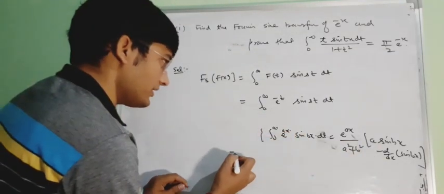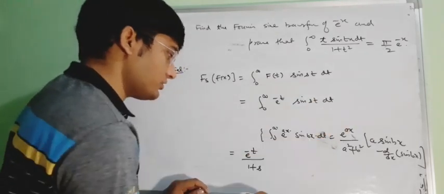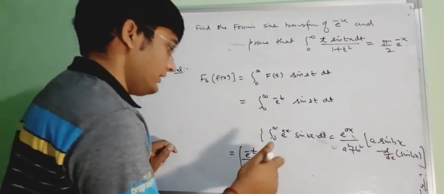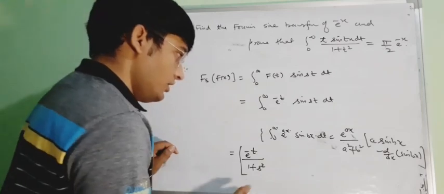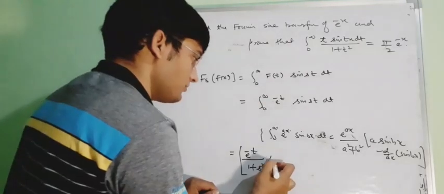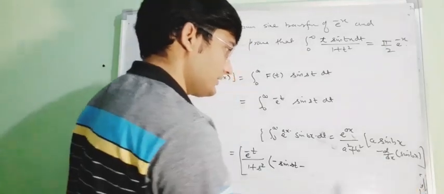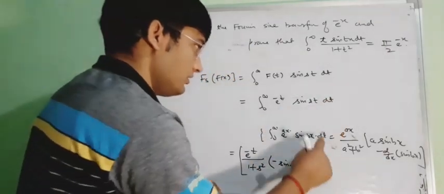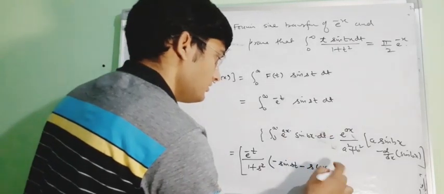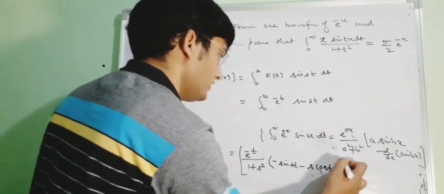Now using this formula, we get e to the power minus t upon 1 plus s square, as we are integrating with respect to t. Here our a is minus 1, so this is minus sin st minus the differentiation of sin st with respect to t, which is s cos st, and then the limits from 0 to infinity.